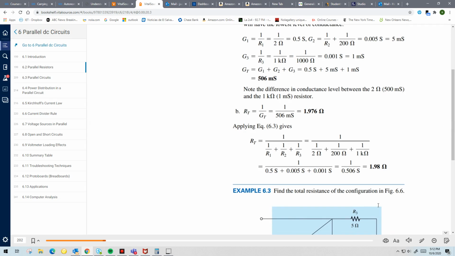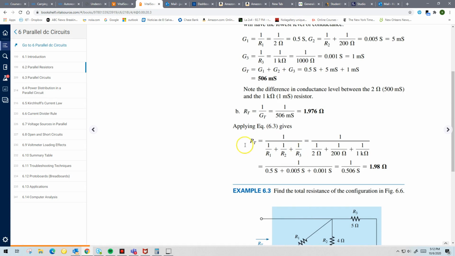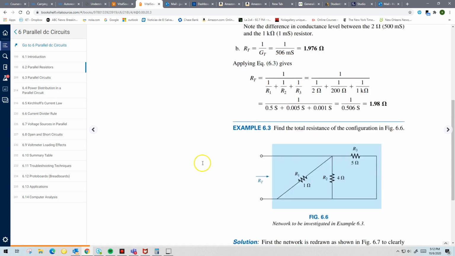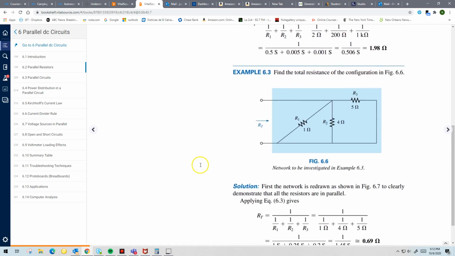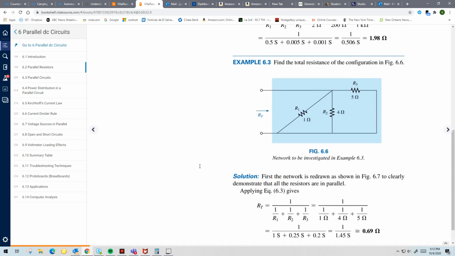So make sure you know how to find total resistances using either conductances or the equation we have in equation 6.3. Okay, one more before we move on.